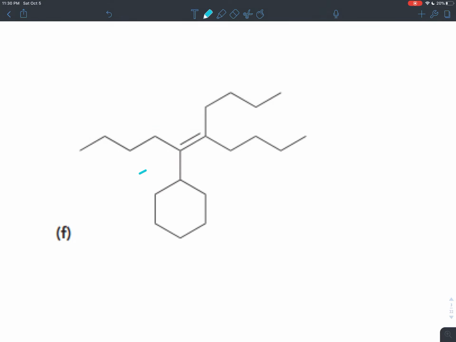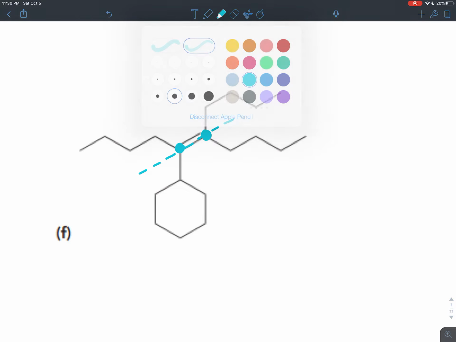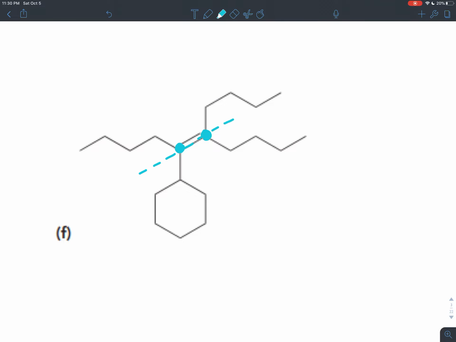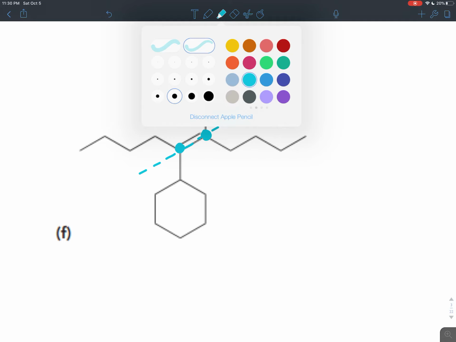This is an interesting one. So draw a dotted line down the long end of the double bond. We're going to look at those two carbons in the double bond and look for branches that are the same that are coming off of those two carbons. So we have a few things.